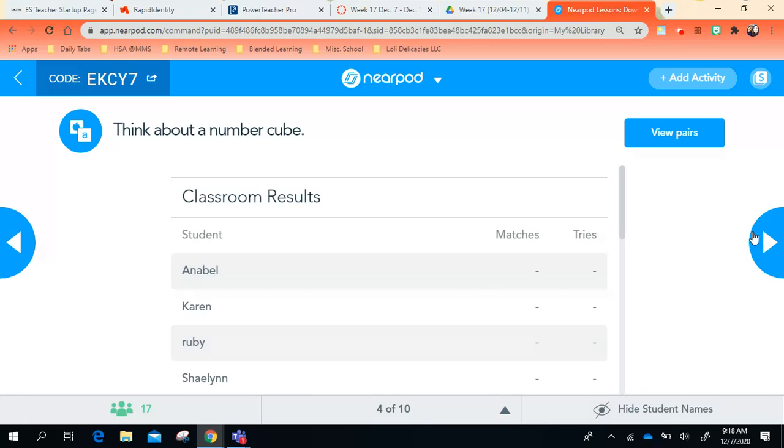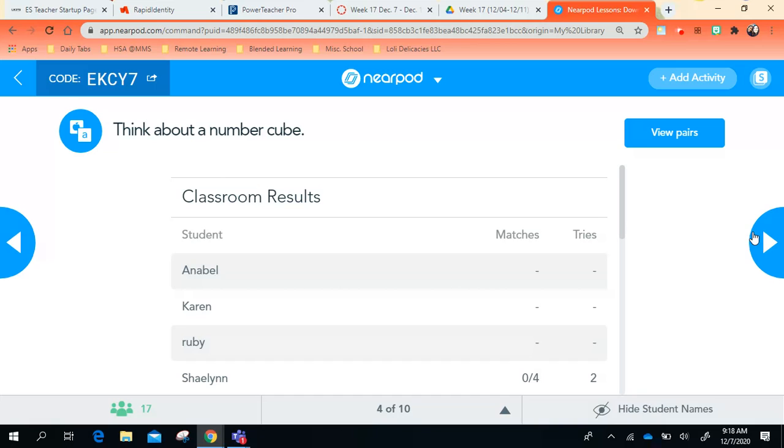You're matching the probability of rolling a number cube. So look up at my screen. It says you're rolling a number cube. So remember, a number cube has 6 sides. So think about it.